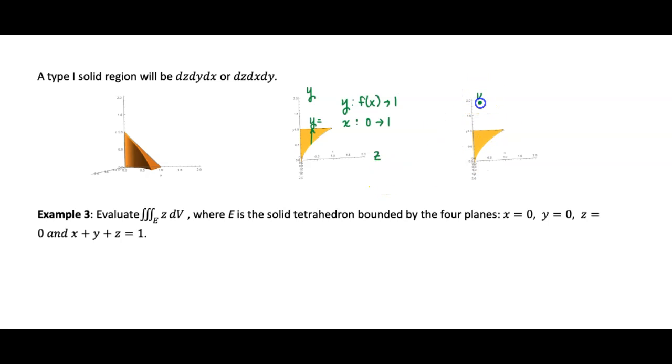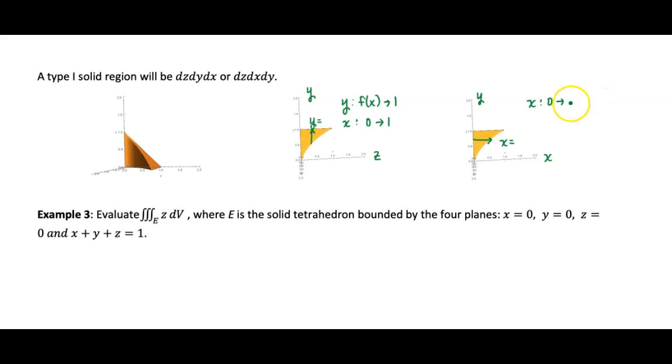In this other case, looking at this projection onto the xy plane, we can draw this horizontal arrow, which means that our x is going to be a function of y. And so our x can be written as 0 to, in this case, that function of y.